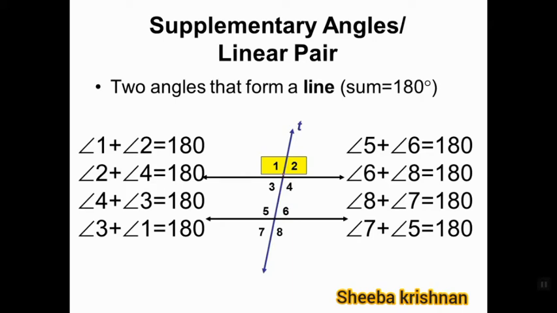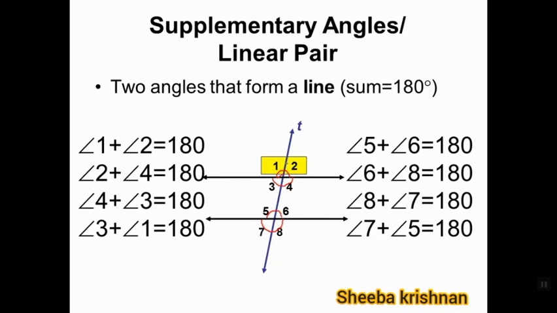Once again, we will see. Angle 1 plus angle 2 is 180 degree. Angle 3 plus angle 4 is 180 degree. Angle 5 and angle 6 together is 180 degree. Angle 7 plus angle 8 is 180 degree.